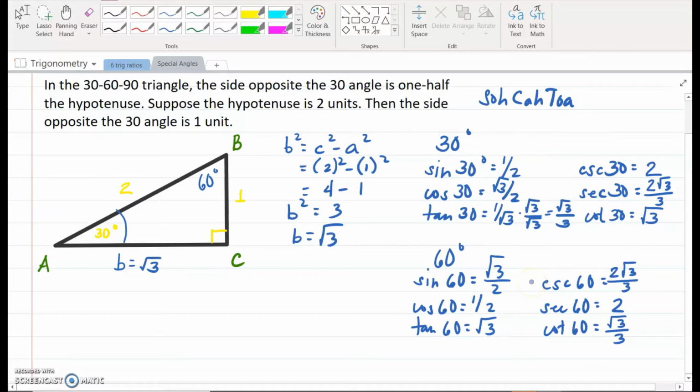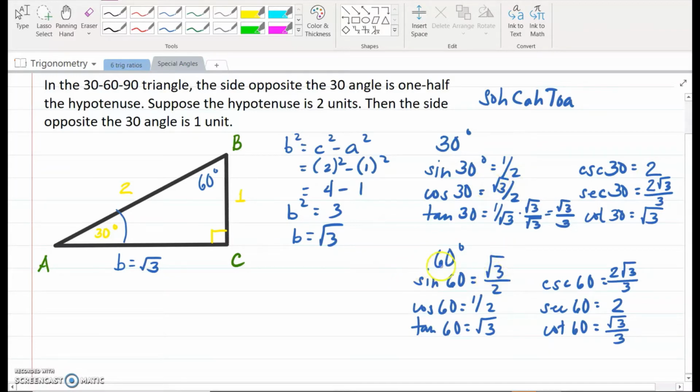Now, if we're going to use a scientific calculator, for instance, press sine 30, eventually the value will be 0.5 or 1/2. So that means sine 30 is 1/2. So that is the default value of sine 30, alongside with other values for sine 30 and sine 60 as well.